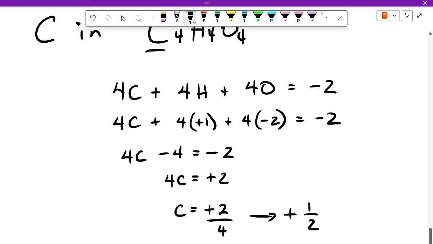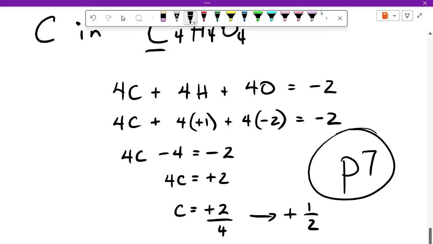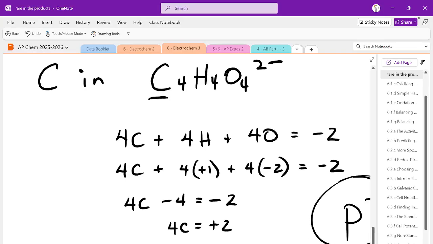Excellent. Do you guys feel fairly confident with this? Okay, if you feel like you need any practice on this, this is on page 7. So if you're like, I just need a little brush up on it at some point, that is on page 7. Okay.